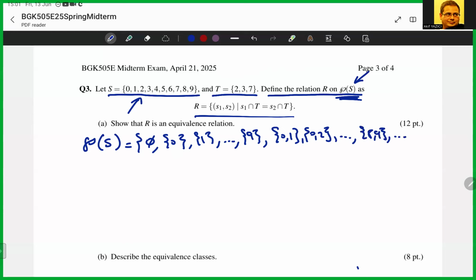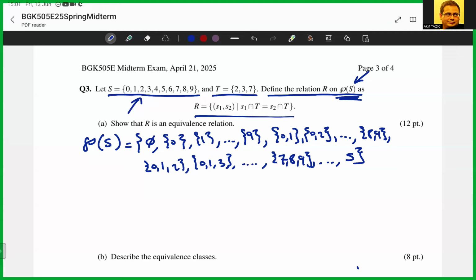And then comes the ones with 3 elements, 0, 1, 2, 0, 1, 3, and so on, 7, 8, 9. And then the 4 elements, 5 elements, up until S itself. Okay, so the relation R is on this set. The domain of the relation is this set.